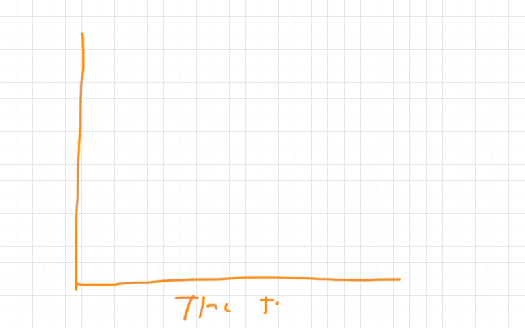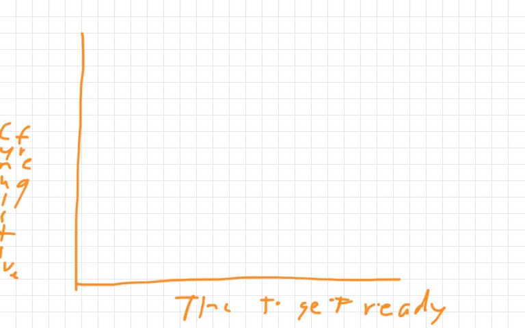This time, I'll give myself a little room here. This is time to get ready, and over here is cumulative frequency. I'm going to start down here at 0, 0.1, 0.2, 0.3, 0.4, let's see if I have enough room.